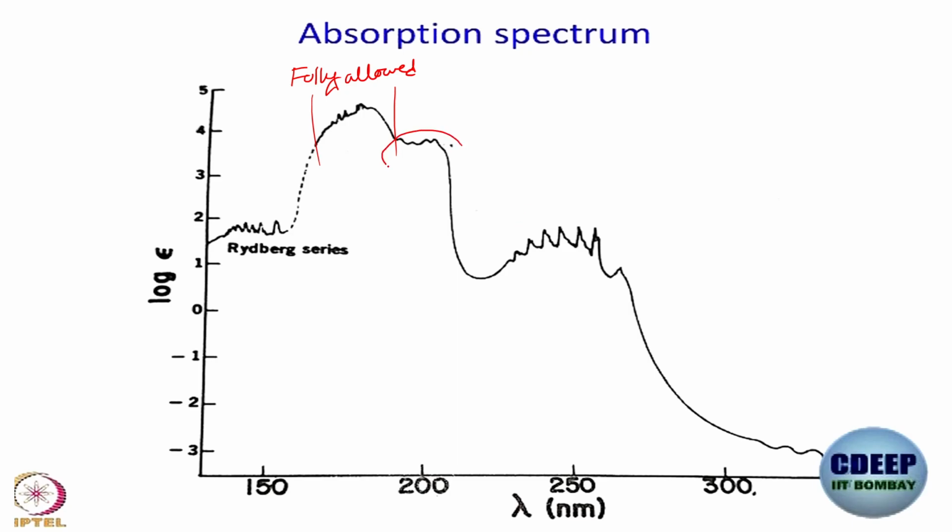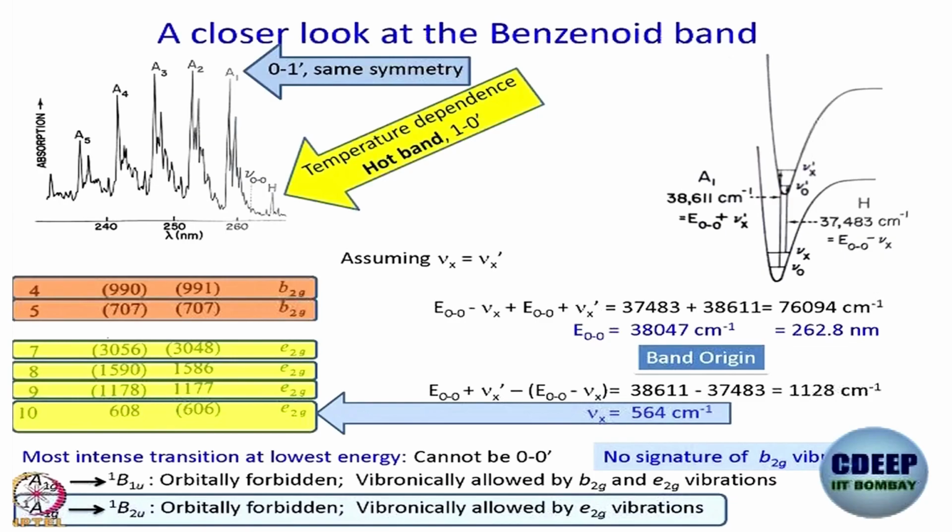This part could be orbitally forbidden, spin allowed, same about this part, and it has something over here which we will discuss after a few minutes. From there, we already talked about what vibrational modes are possible, the vibronic modes that are listed here.